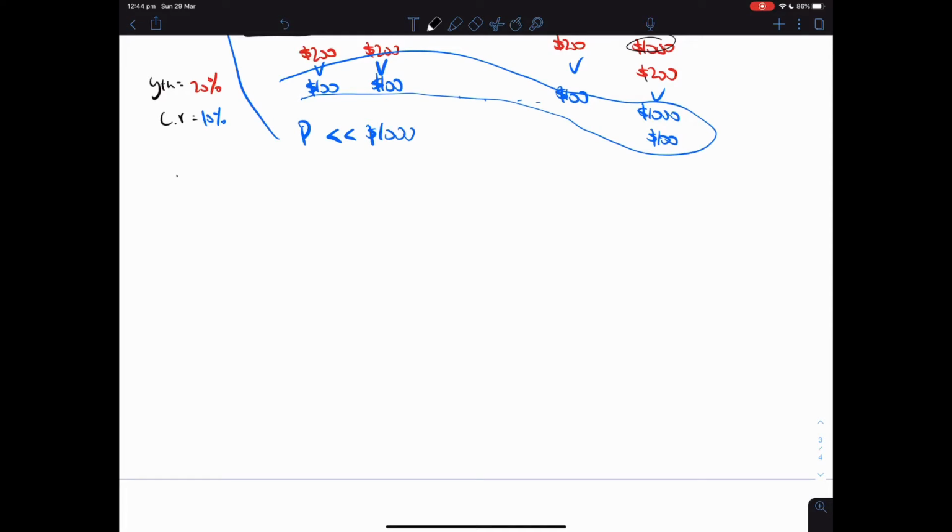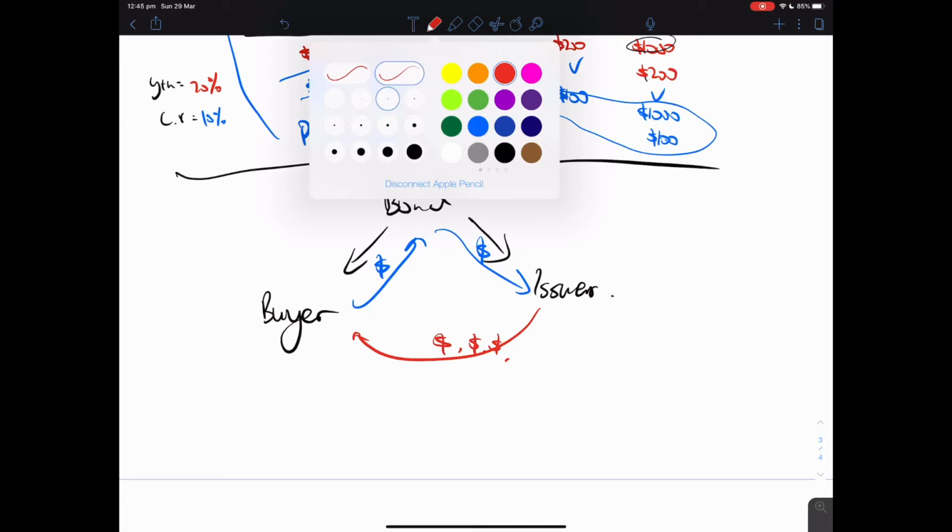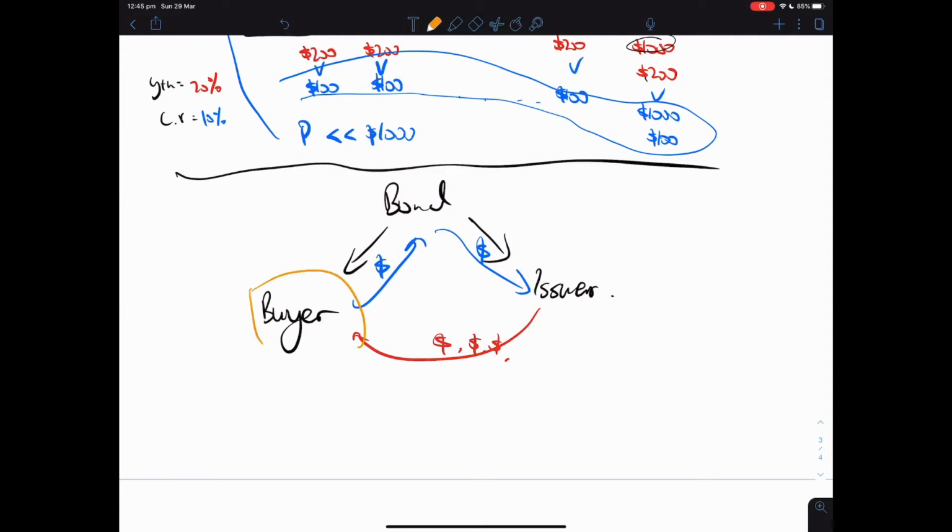That's something that I'm supposed to do at the start. So in a bond scenario, we have bond buyer, we have bond issuer. So bond buyer is the one that pays money, and that gives to the issuer. And the issuer then makes the payment back regularly, right? So in a bond scenario, the buyer of the bond is usually the lender, and the issuer of the bond is usually the borrower.